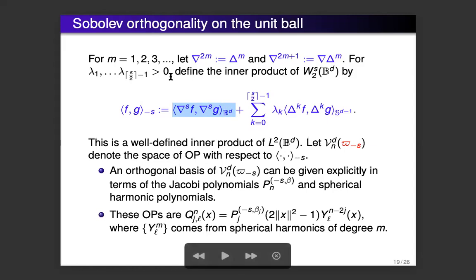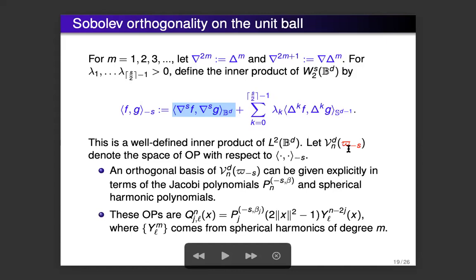So now I'm adding the Laplace form on the surface, up to s over 2 minus a half. You can prove this is a well-defined inner product, not L2, but W2, sorry.